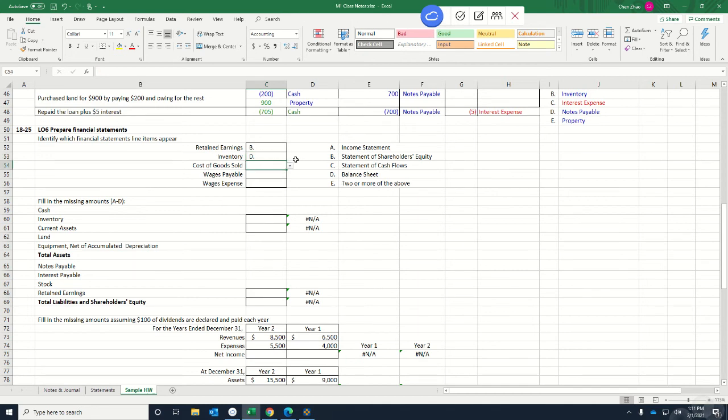Cost of goods sold. Correct. Sorry. Income statement. Which is payable? Very good. Balance sheet. Because I said everything that says payable, that is a liability, and the liability is on balance sheet. Which is expense? What is that?